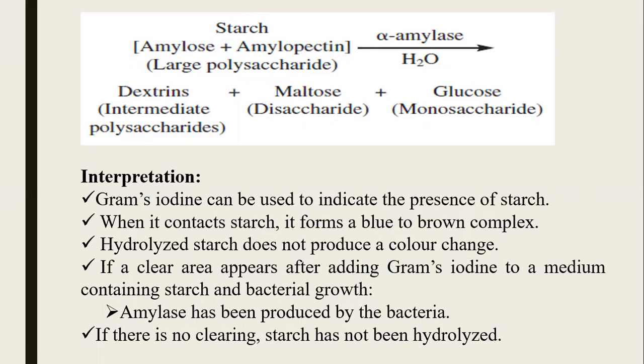If a clear area appears after adding Gram's iodine to the medium containing starch and bacterial growth, then the clear area indicates positive for starch hydrolysis. If there is no clear area, starch has not been hydrolyzed.